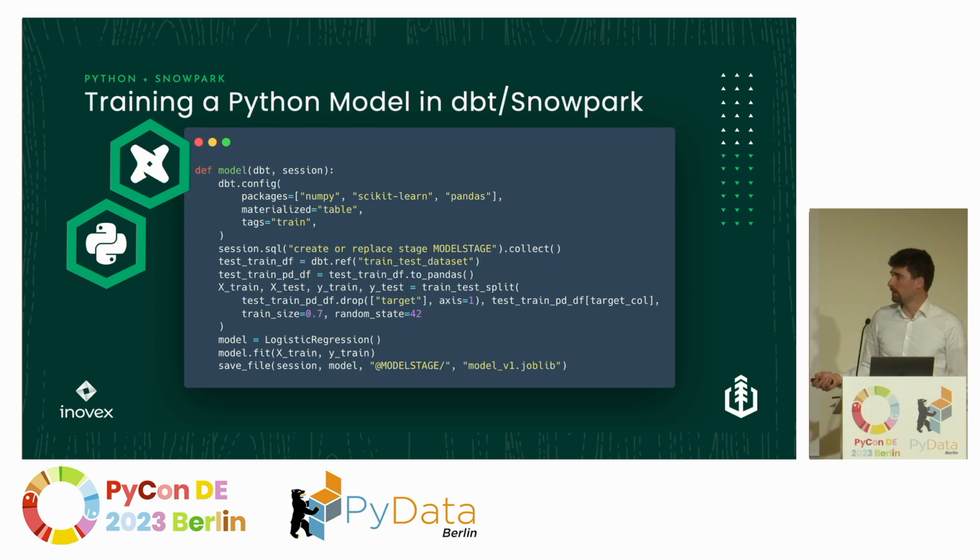We fit on train, and we save the model in the stage. So the main takeaway here is that it's really simple to combine dbt with Python, leveraging Snowpark and Snowflake to make use of it.